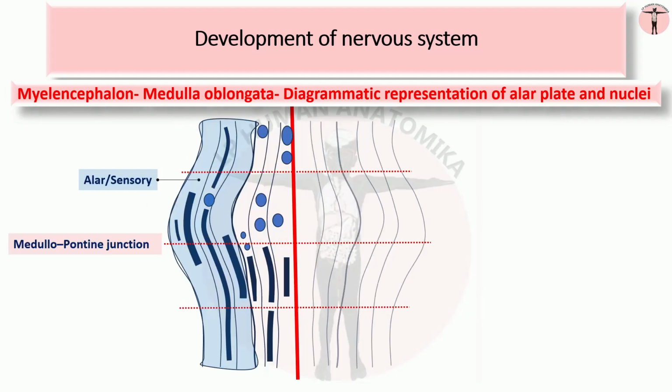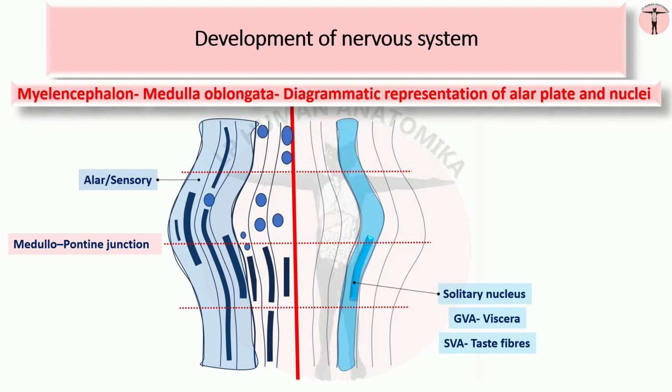Coming to the alar plate, from medial to lateral, the nuclei are as follows. The general visceral afferent column is represented by the solitary nucleus of the facial nerve, which receives impulses from the viscera. Special visceral afferent is again represented by the solitary nucleus of the facial nerve, which receives impulses from the taste fibers.